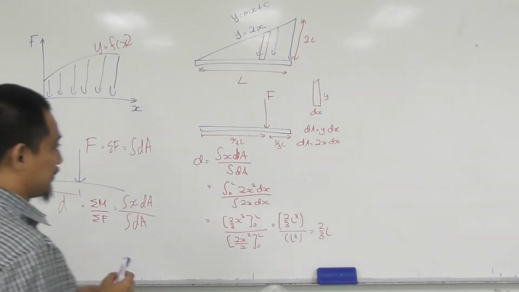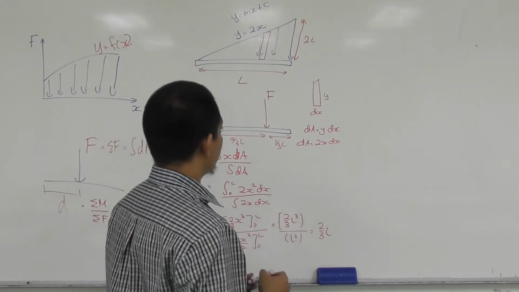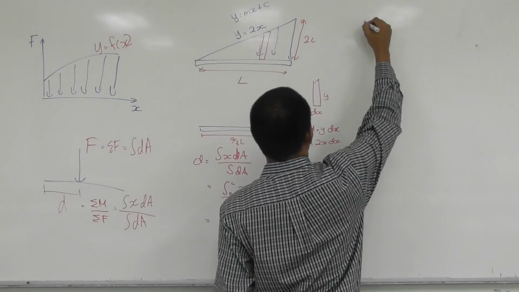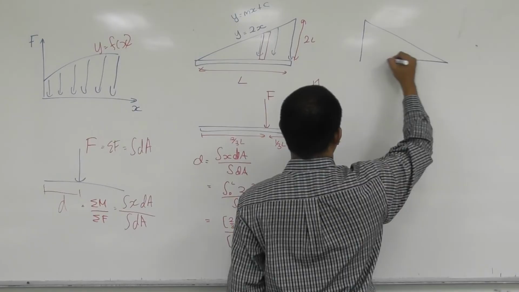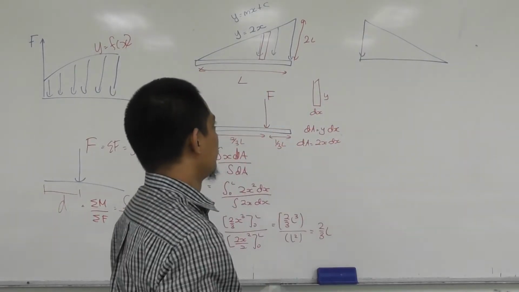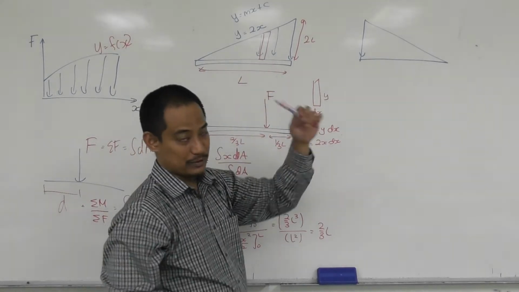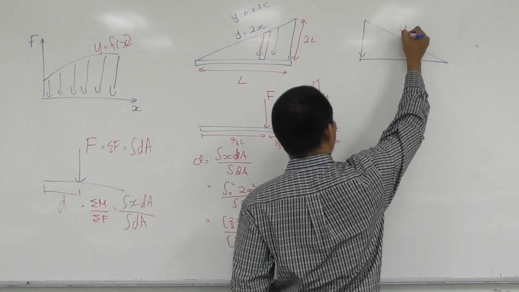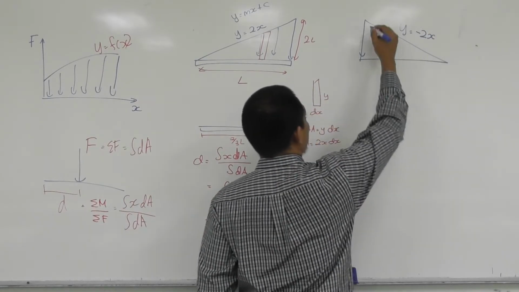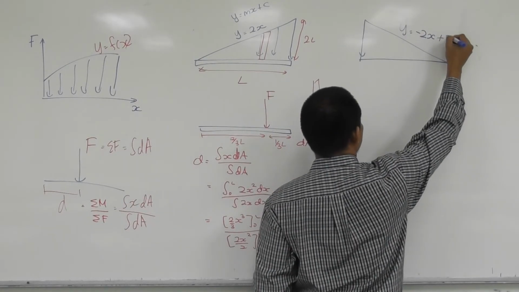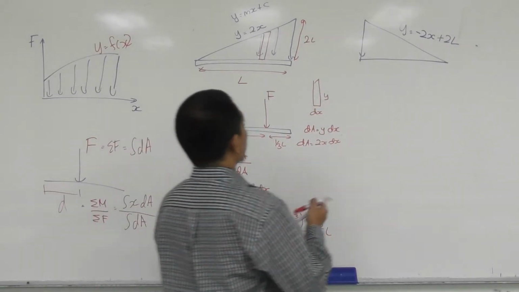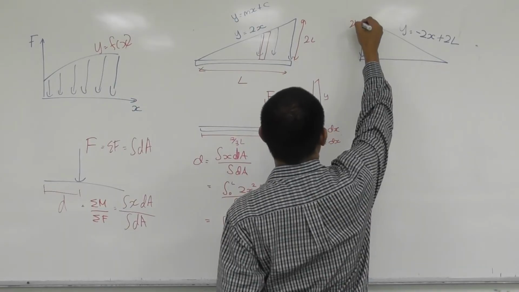Just to check, let's say we have the opposite triangle like this, where in terms of the curve, let's use a similar slope but the opposite slope. So you have y equal to negative 2x plus 2L, because the intersection here will be 2L.